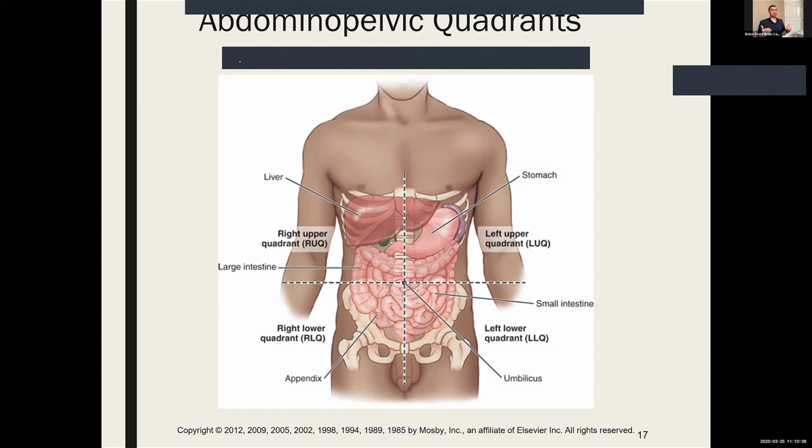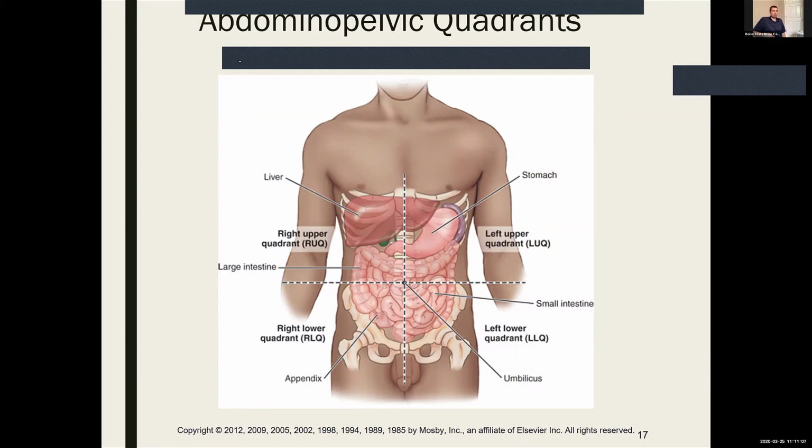But then the upper quadrants, left and right, yeah, you've got a kidney on both sides. But then on your right, you're typically going to be dealing with more of your liver. Now, the head of the liver does reach over into the left a little bit. Typically, the head of the liver isn't what's ever causing problems. When you have liver issues, you're going to feel it on that right upper quadrant. Same thing with the gallbladder.